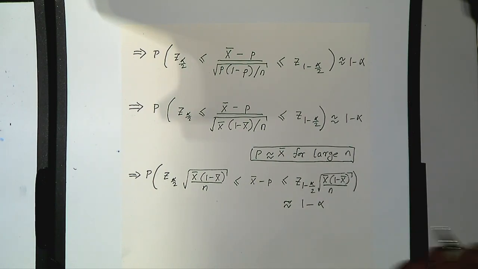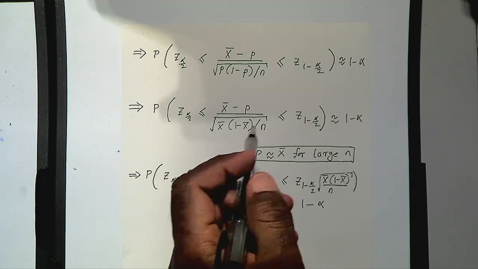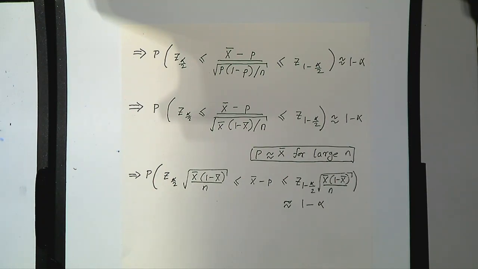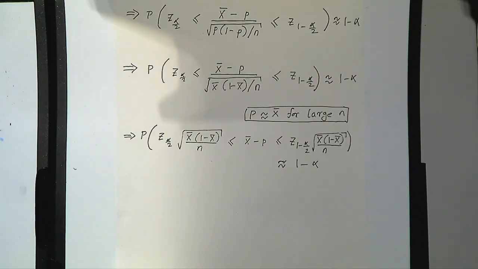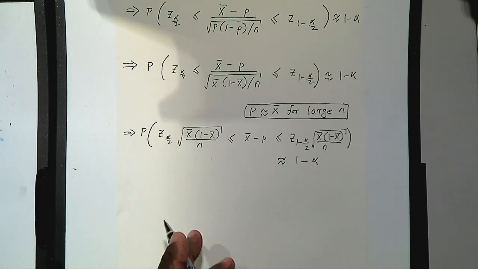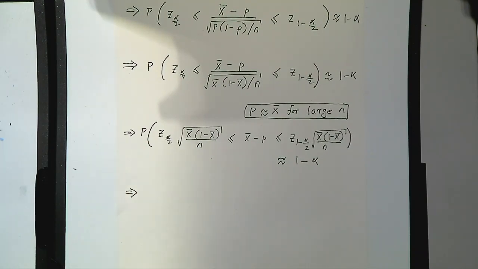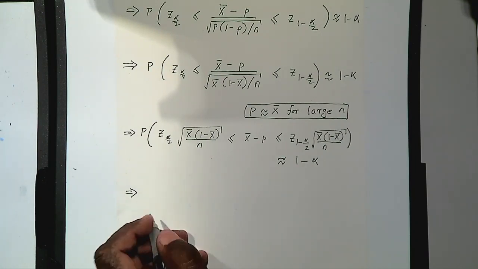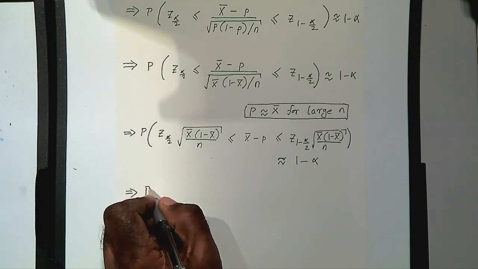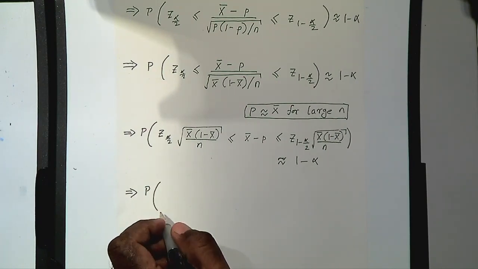Right, and in this step I have taken the denominator to both sides, the left and the right. Okay. Right, and in the next step, I'm going to make this statement a statement on P. All right, so this is what you will get.